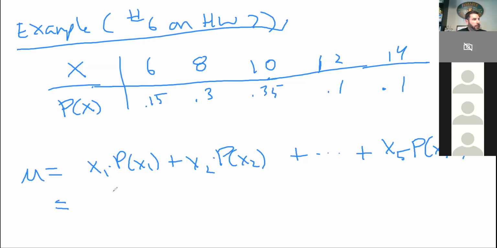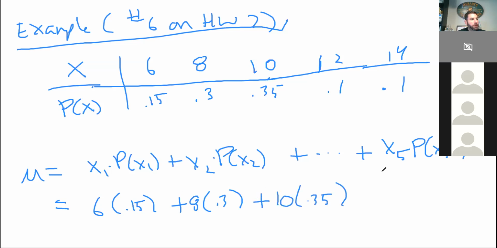So x can be 6, with probability 0.15. Then x can be 8, with probability 0.3. X can be 10, with probability 0.35. X can be 12, with probability 0.1. And then 14 times 0.1.